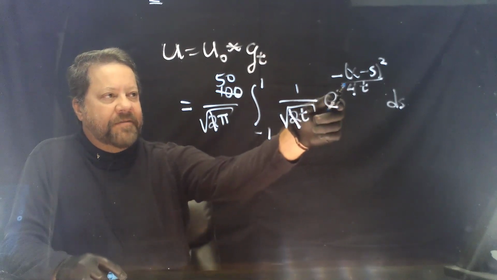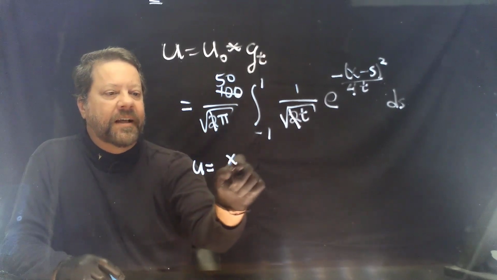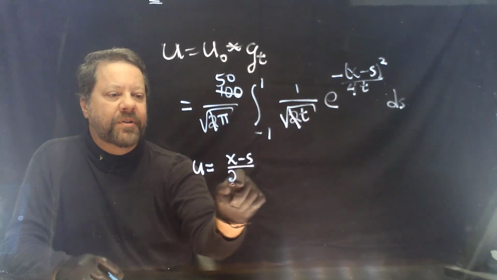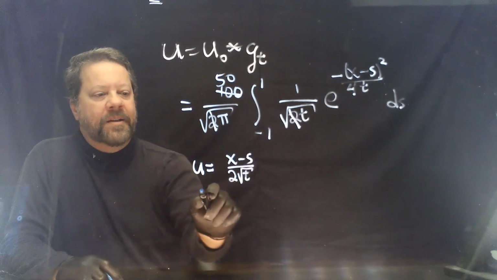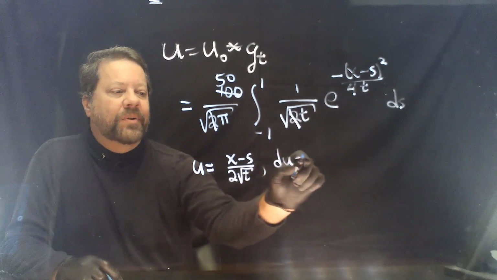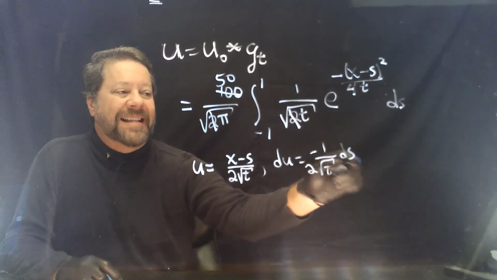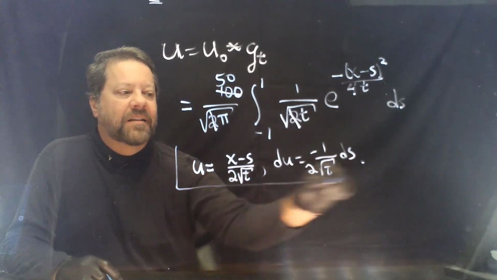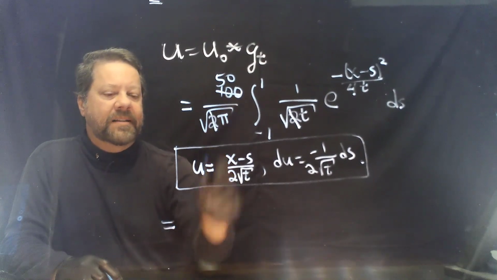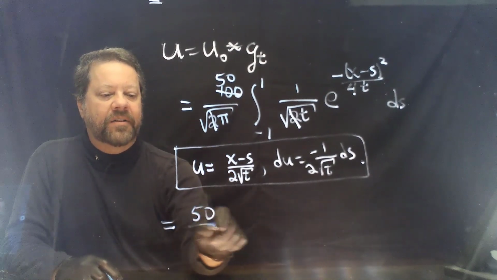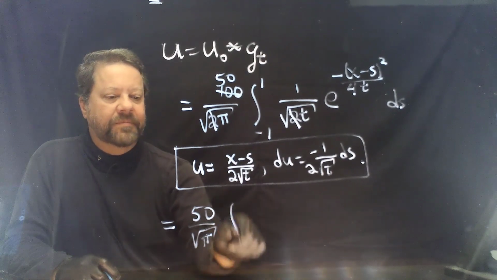Well, the following substitution presents itself. u equals x minus s over 2 root t. If that's true, then du is negative 1 over 2 root t ds. And we'll use this to transform our integral. Let's see, we have 50 over root pi integral.